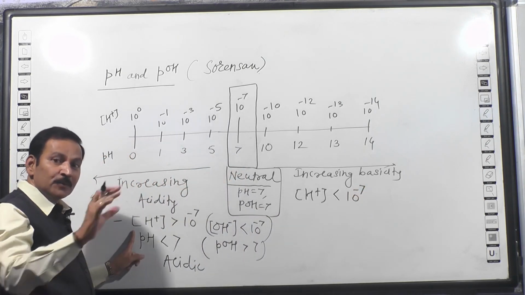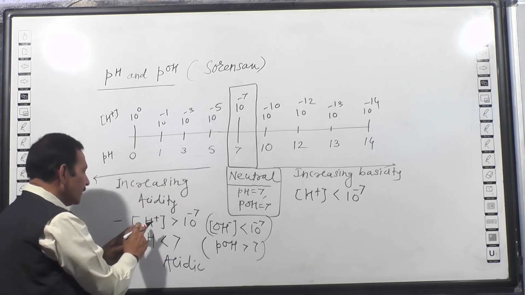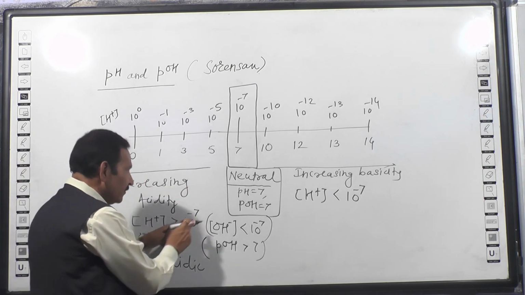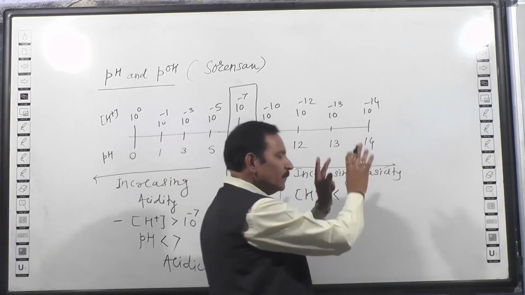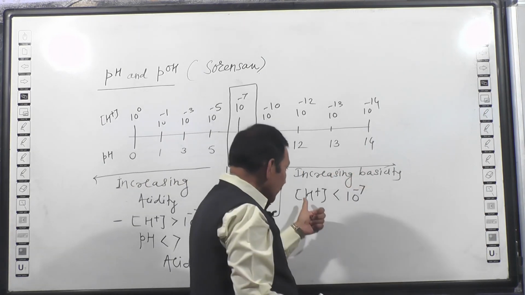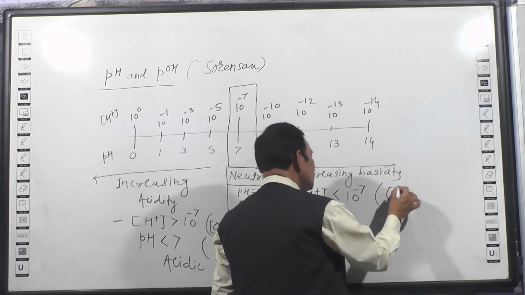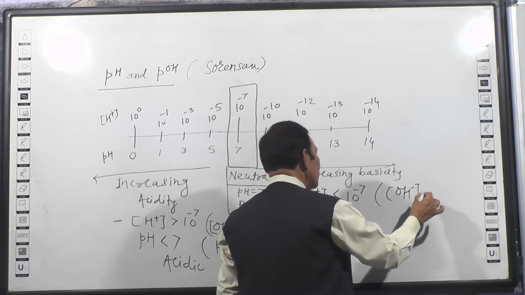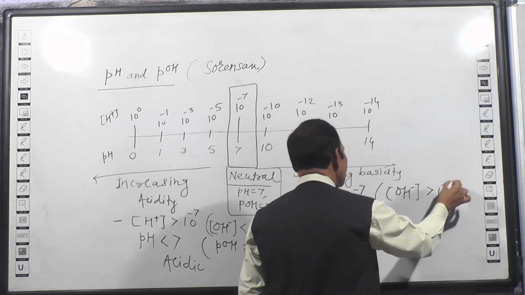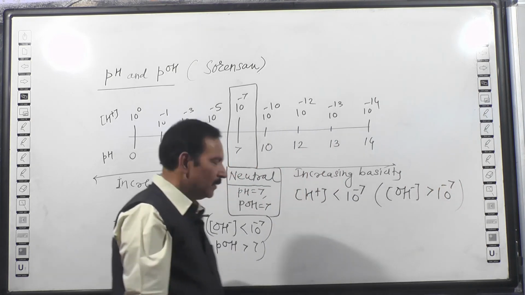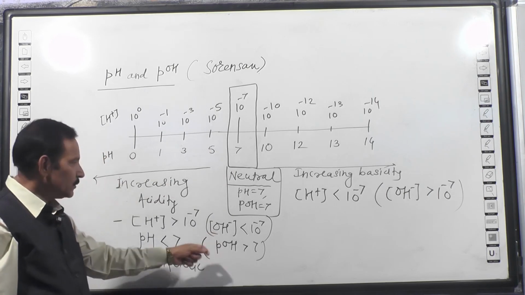Exactly opposite concepts are coming on the right hand side: H plus greater than 10 to the power minus 7 on the left, H plus less than 10 to the power minus 7 on the right. If H plus is less than 10 to the power minus 7, it indicates OH minus ion concentration must be greater than 10 to the power minus 7. So in brackets we'll write the parallel points for pOH also.